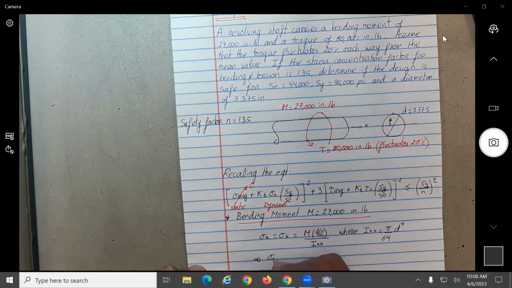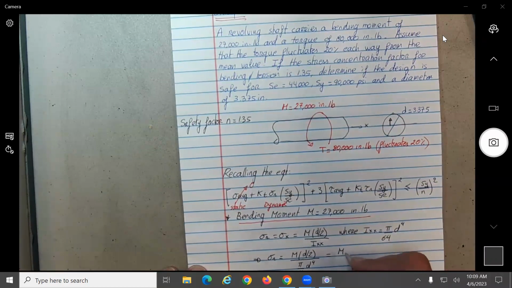Sigma sub r will be equal to M times d over 2, divided by pi over 64 d to the fourth. So this will give us what? M... 32M divided by pi d cubed.